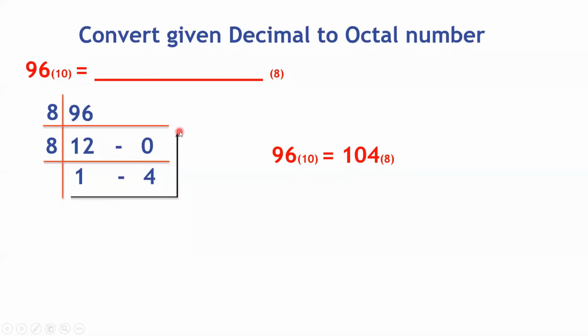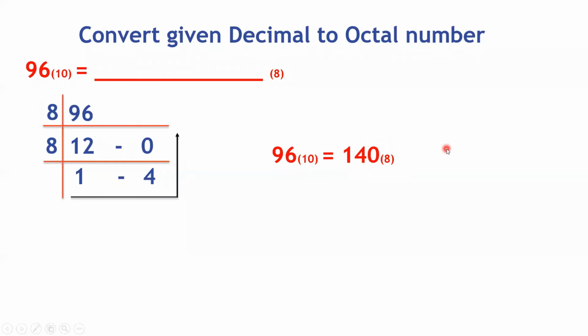So finally, 96 base 10, that is the decimal number, can be written as 140 in base 8.